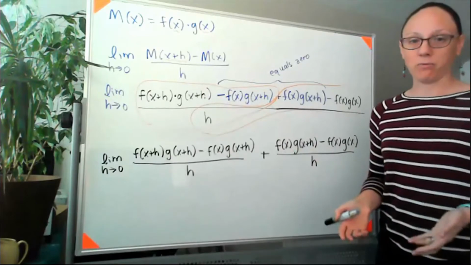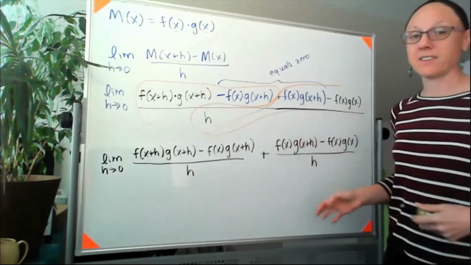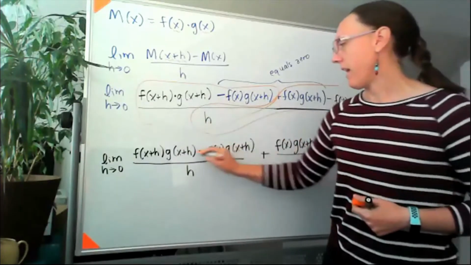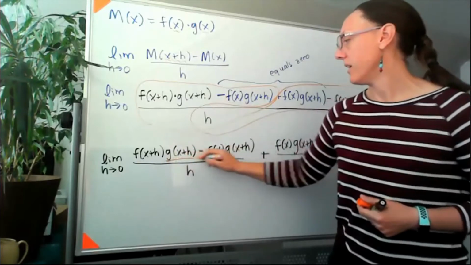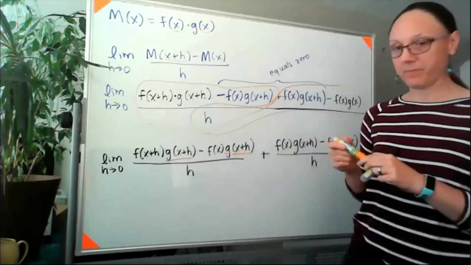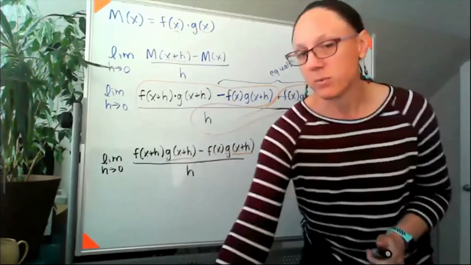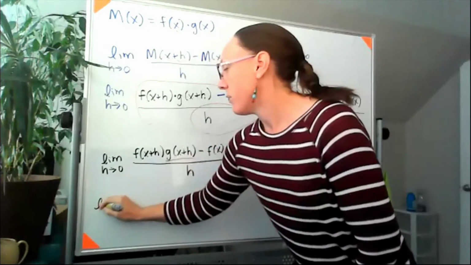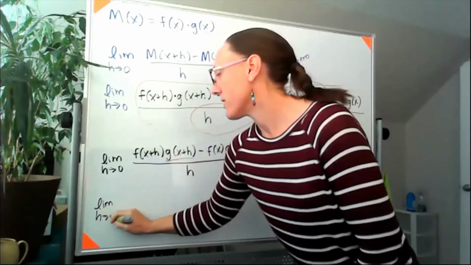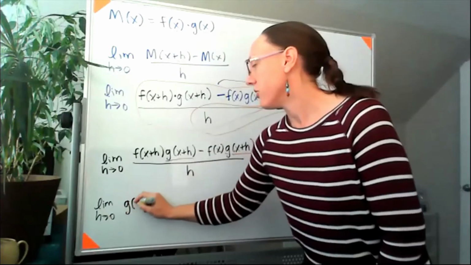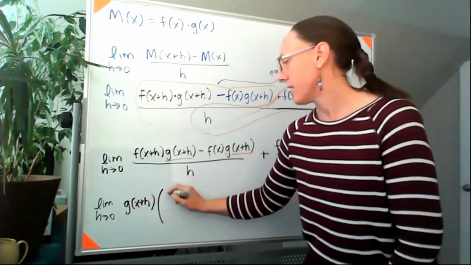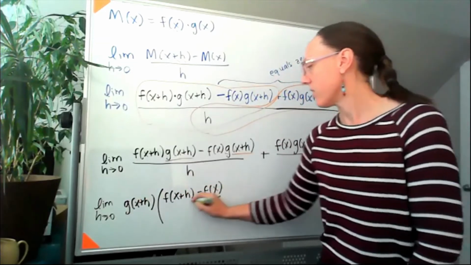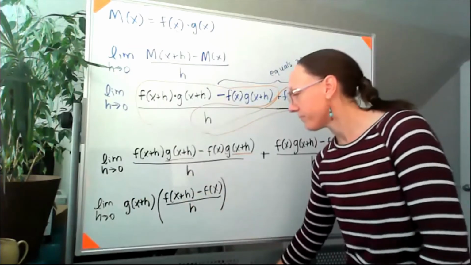Now the reason that it's helpful to group it in this way is that in this first group, on the top, they have something in common, that g of x plus h part. So if I take that g of x plus h and I factor it out, then this becomes the limit as h approaches 0 of g of x plus h times f of x plus h minus f of x all over h.